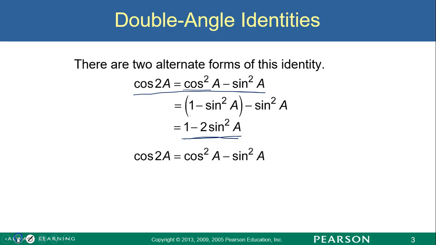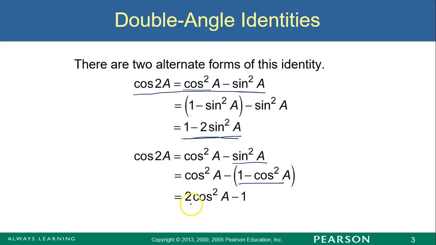Okay, now there's one other. Back again at this first double angle identity for cosine that we looked at, we also should know that we can replace sine squared A, again using the Pythagorean identity, with 1 minus cosine squared A. And this gets us this one, 2 cosine squared A minus 1.